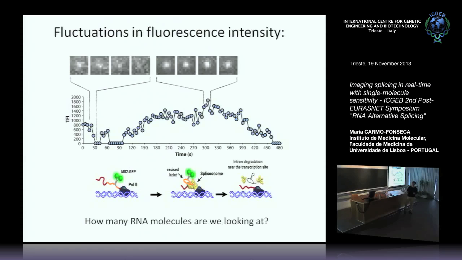These are the plots. And as I also mentioned to you, what we think is happening is that every time there is an increase in fluorescence, this means that an intron has been synthesized and labeled by the MS2.